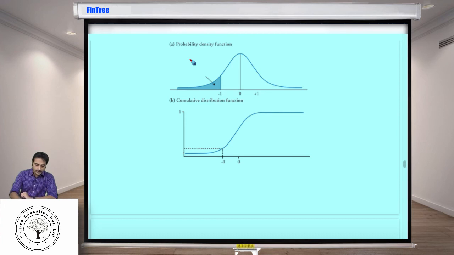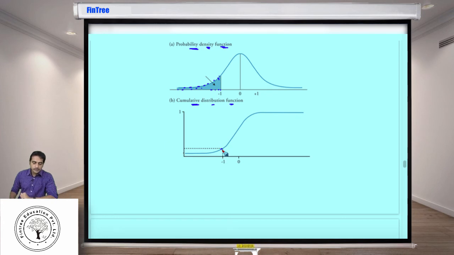So when you're looking at the probability density function, if you want to know the probability on the left of -1, then you would take this entire distribution which is under that area. When you're looking at the cumulative distribution function, then what is the probability on the left of -1?